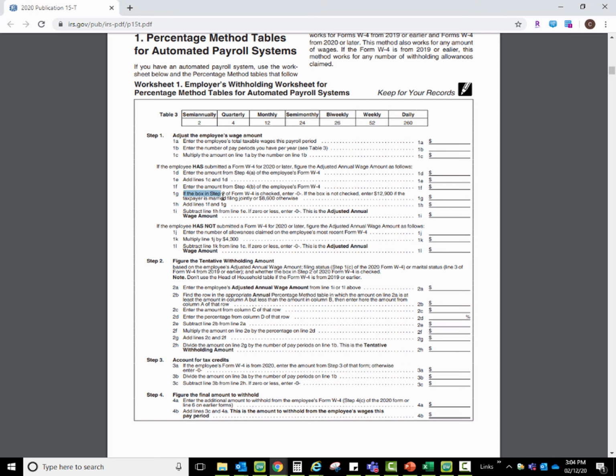If the box in step 2 of the Form W-4 is checked, you enter 0. If the box is not checked, you enter $12,900 if the taxpayer is married, filing jointly, or $8,600 otherwise. Our employee has checked the box 2, so we need to enter 0.